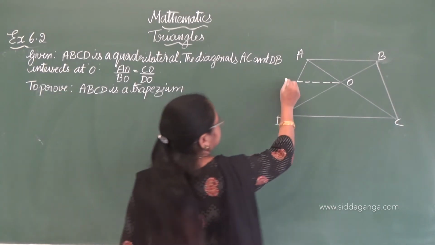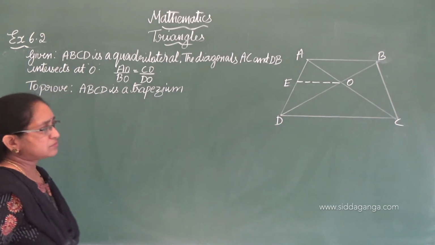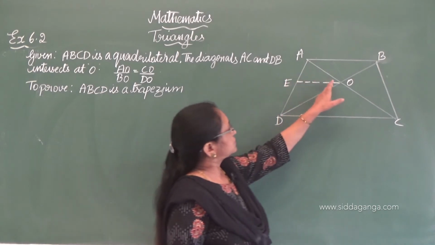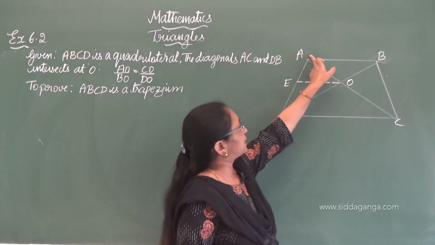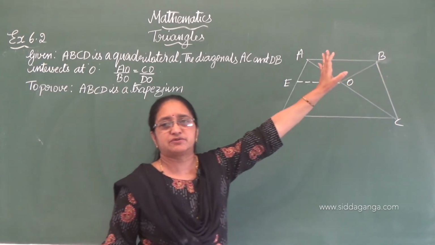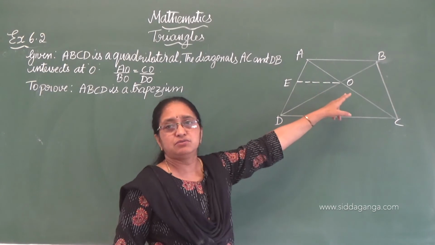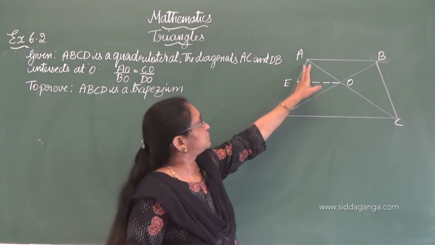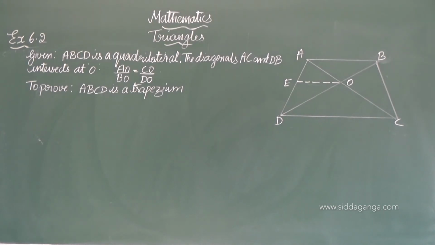Name it as E. Now, such that EO is parallel to AB. Listen carefully. I have drawn a line EO such that EO is parallel to AB. So, that is the construction.